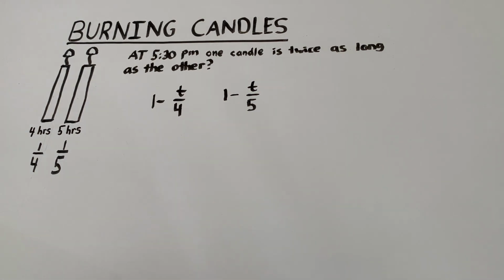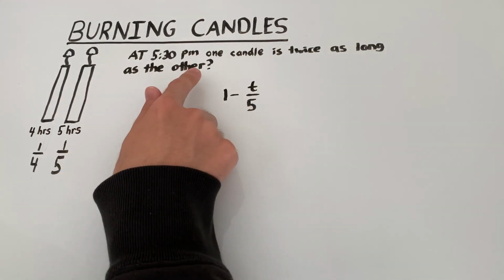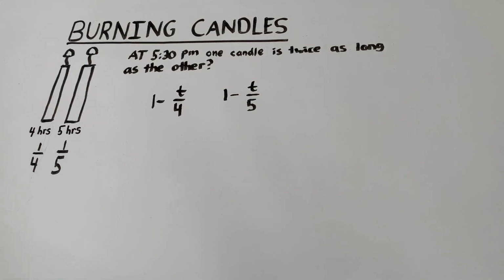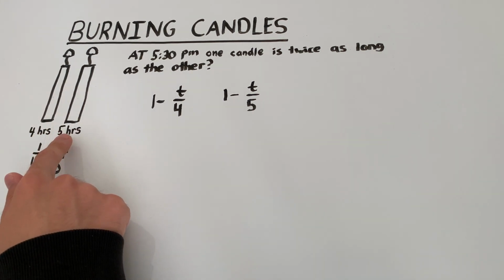And now we're told that one candle has to be twice as long as the other. So after T hours, which candle should there be more of? Well, there should be more of the slower burning candle. So in other words, there should be more of the 5-hour candle left.